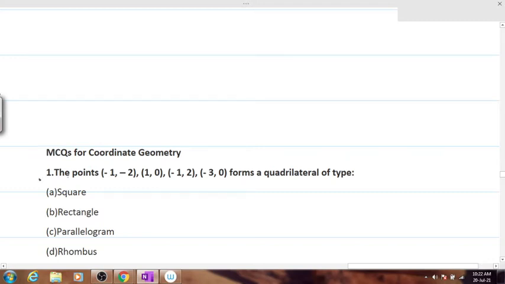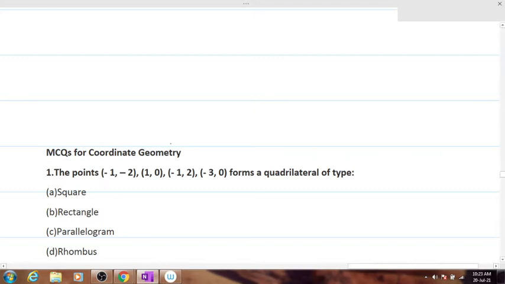Can you see the first question? Please copy the first question properly. Copy the question and just write the answers. No need of copying the options. Just copy the questions and write the answers.